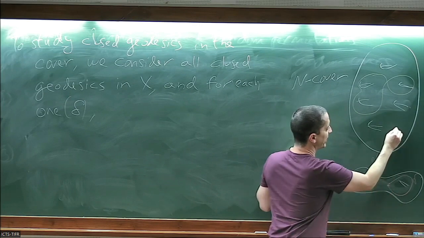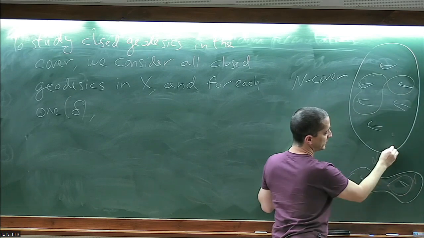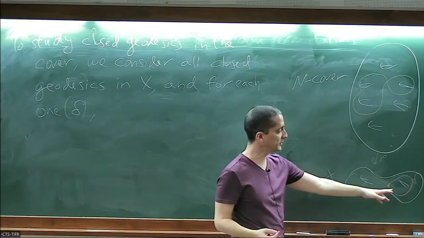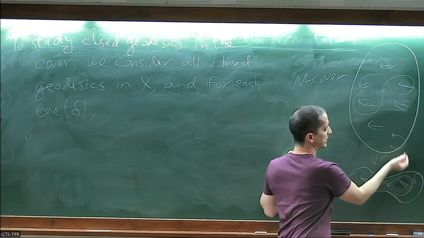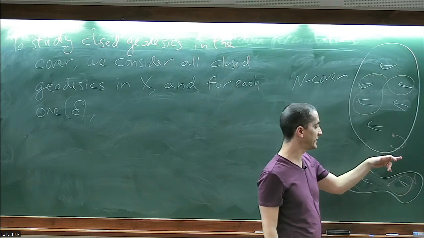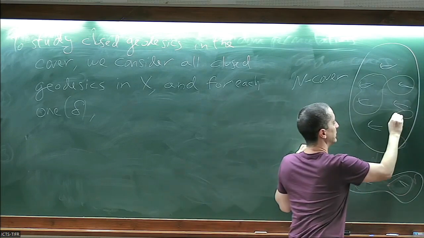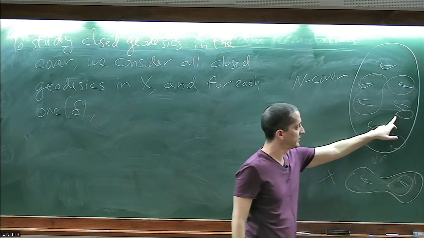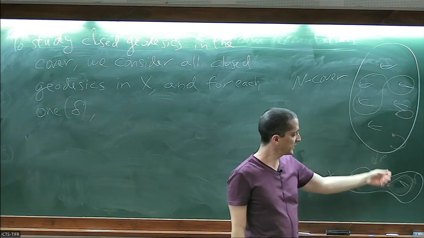Then I have endpoints above it, and I can try to lift delta. This is what we did before with an element of the fundamental group. I can also do it with delta. Now, if I try to lift it, then either I get an open geodesic, and then it doesn't correspond to this geodesic, it's not a closed geodesic, or I can get a closed geodesic if it closes, right? And the number of closed geodesics is therefore the number of fixed points in the permutation corresponding to delta.